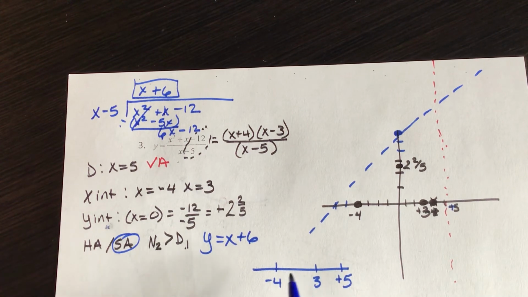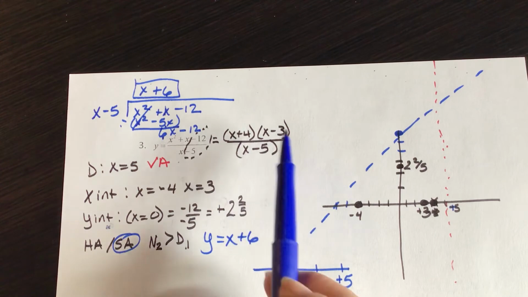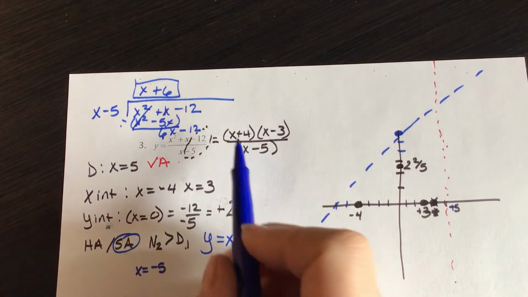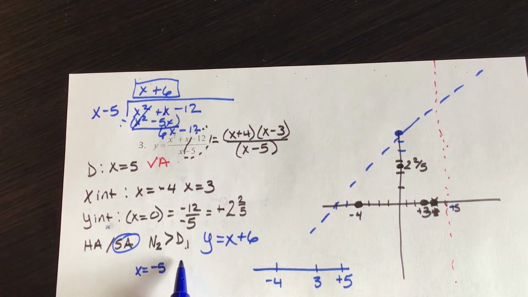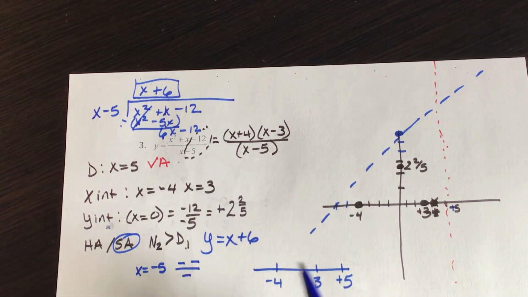So this one, if I pick numbers less than -4, now remember I'm checking these factors. So let's say x is -5. -5 plus 4 is -1. -5 minus 3 is negative. -5 minus 5 is -10.